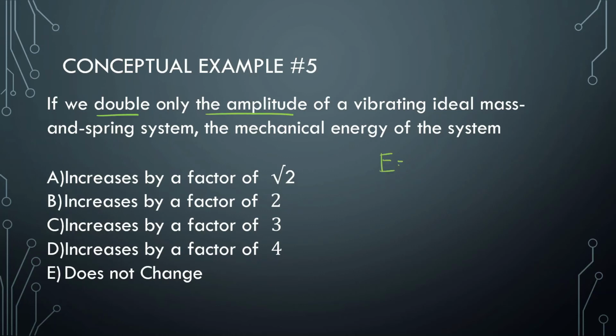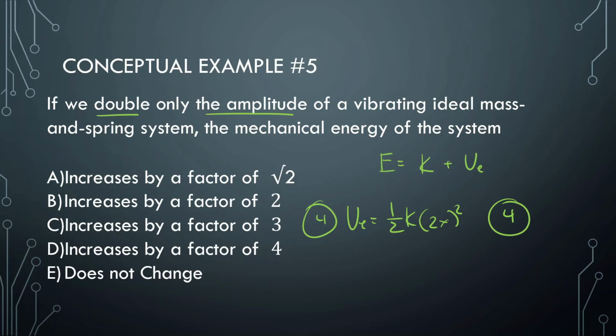So energy, in this chapter, we're mostly talking about kinetic energy and elastic potential energy. What we should know is the elastic potential energy is 1/2 kx squared. So if this x changes by a factor of 2, because the amplitude is going to change by a factor of 2, this will be 2x squared, meaning this side of the equation increases by a factor of 4.